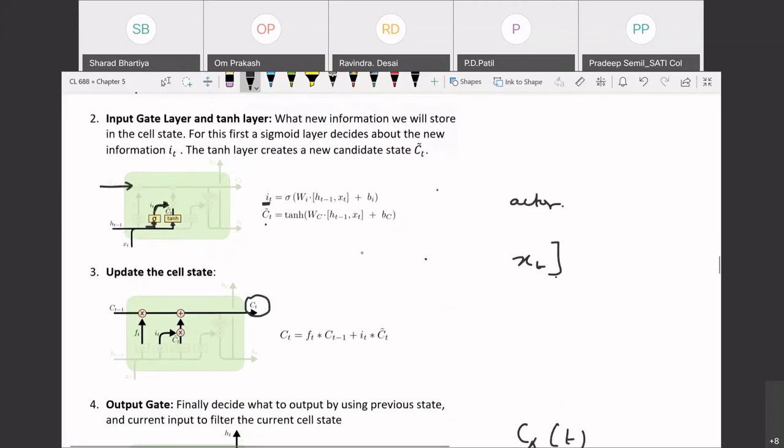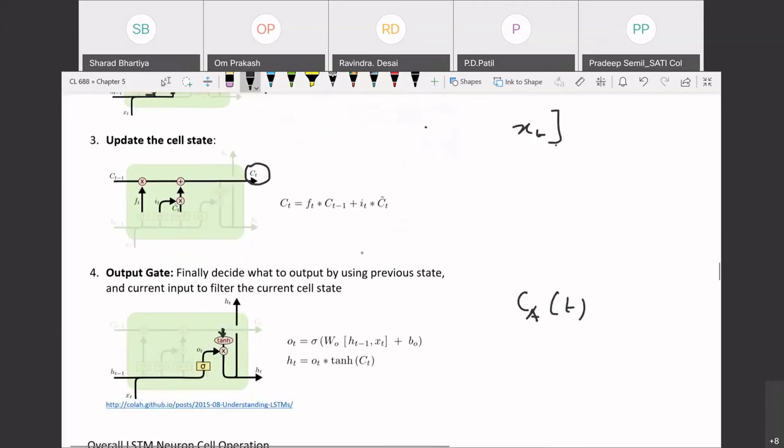And it also had the ability, so it became like a state and an output. So H was the output and C was the state. The state is only being conveyed from one LSTM neuron to the other, and the output is the output of the neural network at any given time.